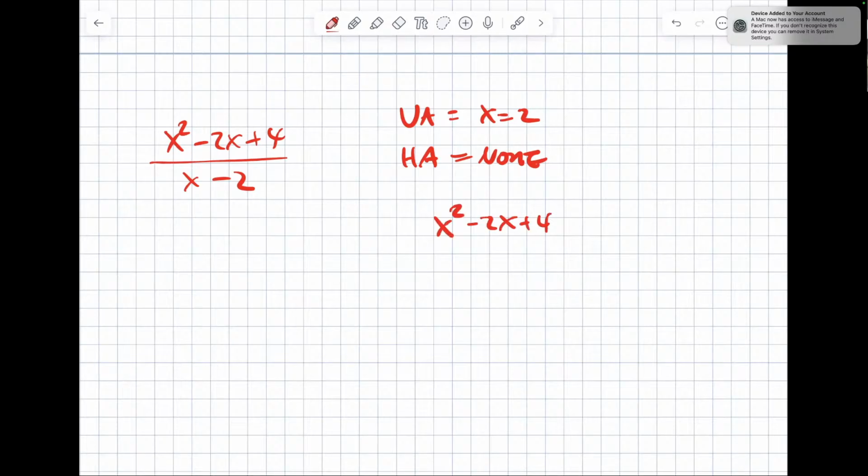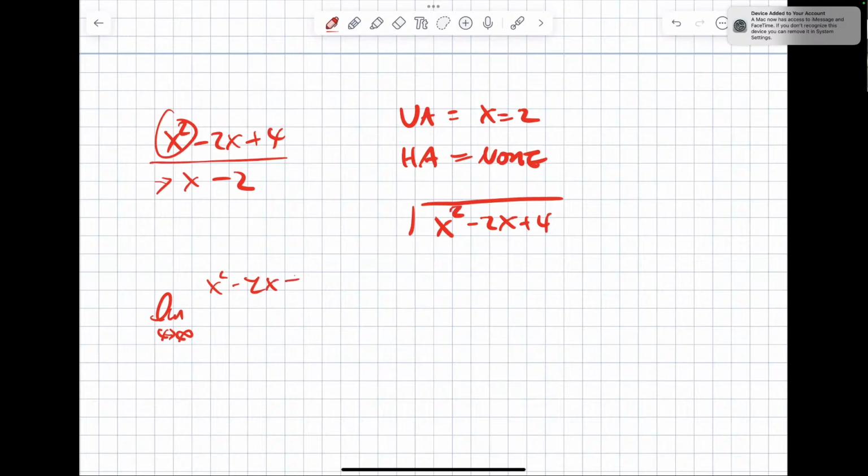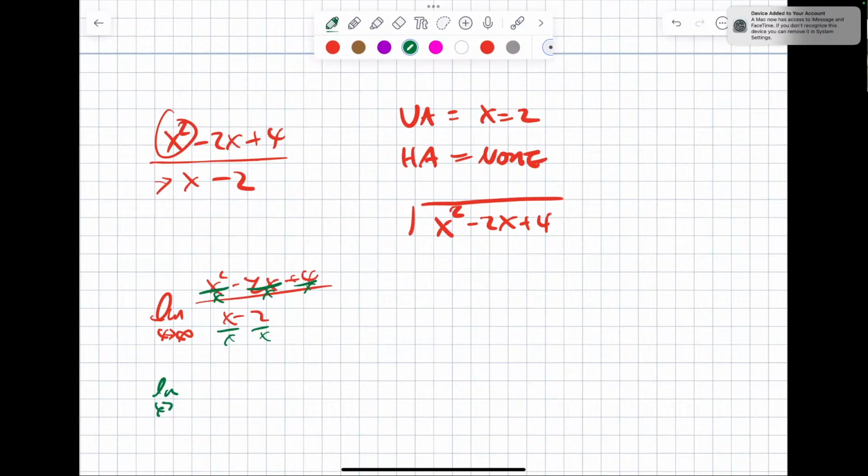Now you can have a parabola as an asymptote. Actually, you can have a 2nd degree asymptote if the numerator is 2 degrees larger. Here the numerator is greater by 1 degree. If you do the limit as x approaches infinity of x squared minus 2x plus 4 over x minus 2, and divide by x, you get x minus 2 plus 4 over x, over 1 minus 2 over x.